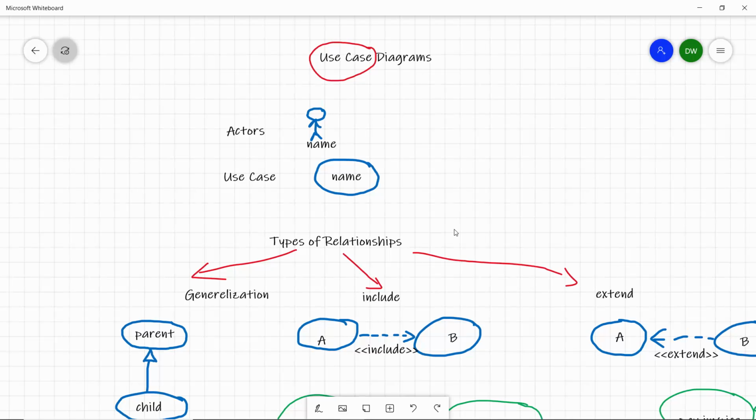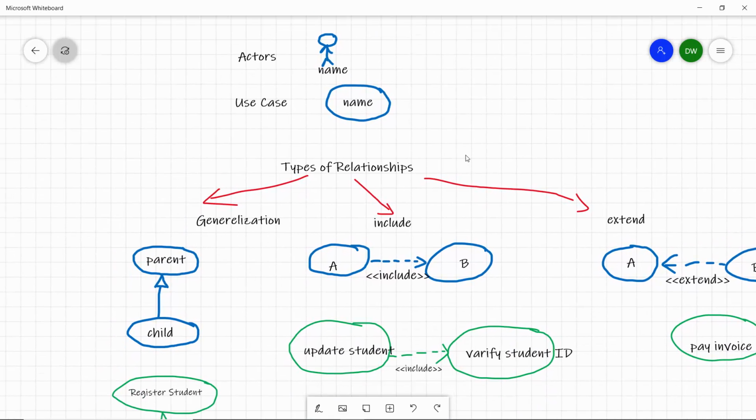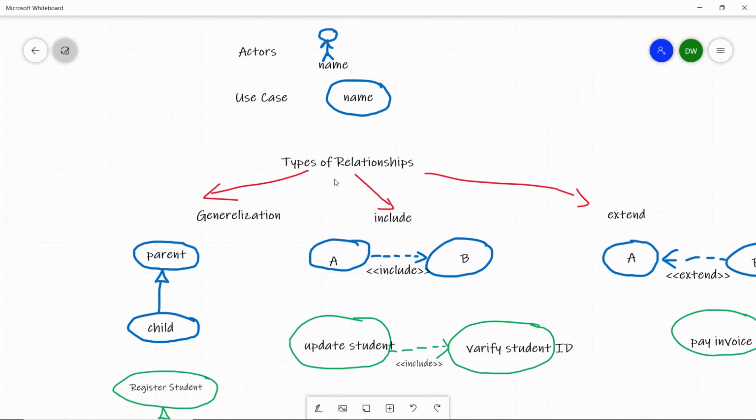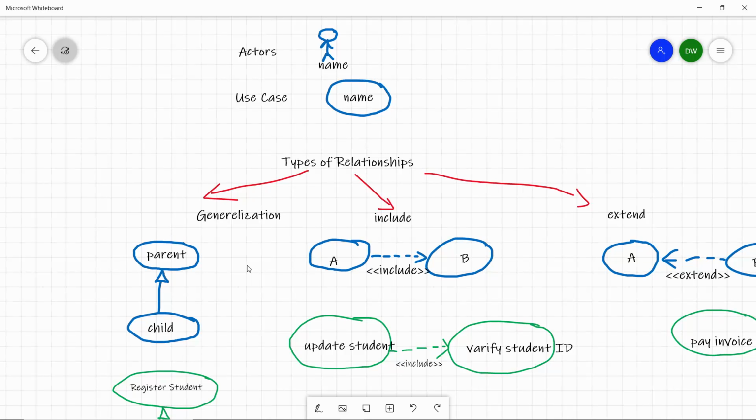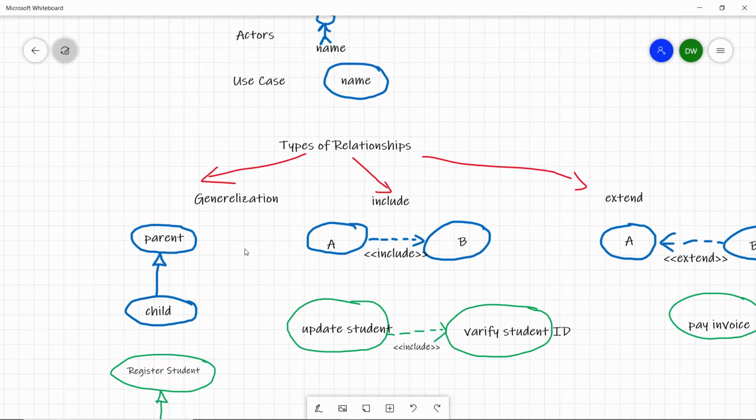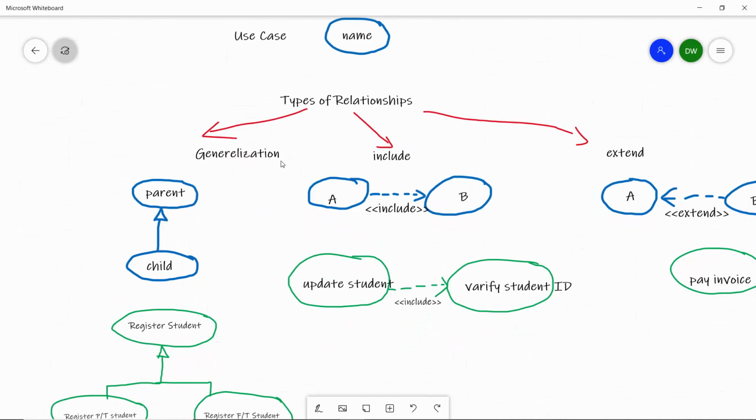The other important fact you should know is relationship. A relationship represents the relationship between actors or else the relationship between use cases. Here we have three kinds of relationships named generalization, include, as well as extend.